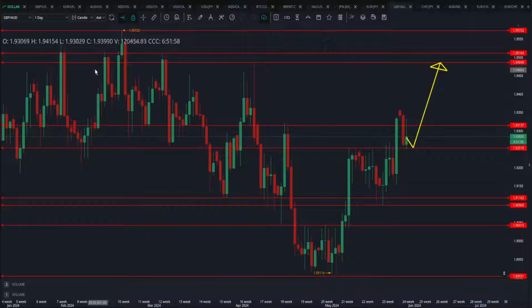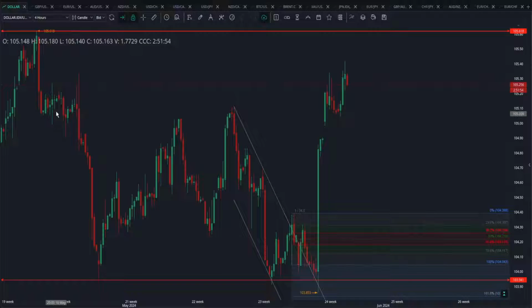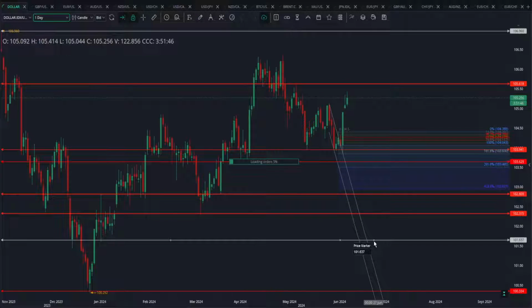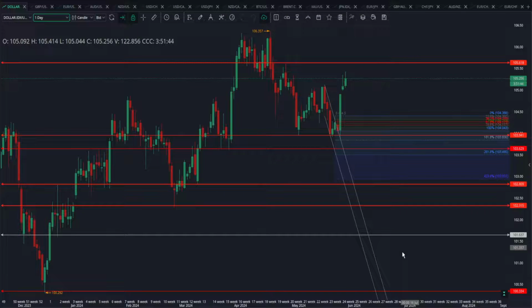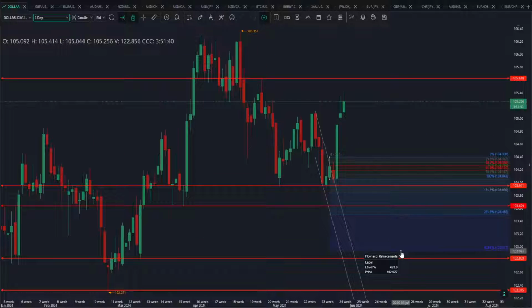Now here it is GBP AUD, but first things first, we are going to look at the US dollar index. Okay, this is an essential component. So let me take you to the daily, and this is what it is.